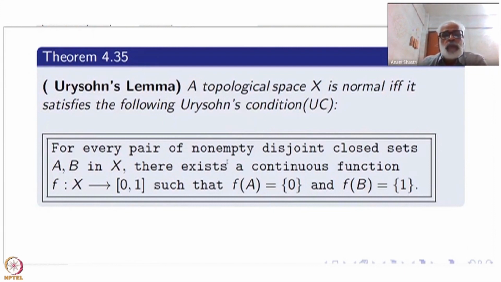What is this? For every pair of non-empty disjoint closed sets A, B in X, there exists a continuous function f from X to [0, 1] such that f(A) is 0 and f(B) is 1. If f(A) is the singleton 0, that just means A has to be non-empty.